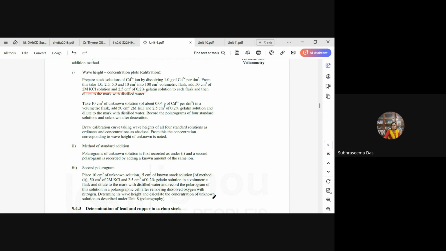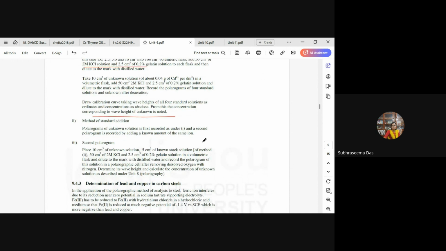Then the polarogram is recorded. Once we record the polarograms, the calibration curve will be drawn for all the standard solutions, and then the concentration corresponding to the unknown is noted from the plot.